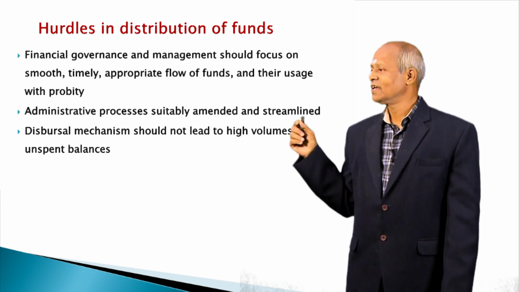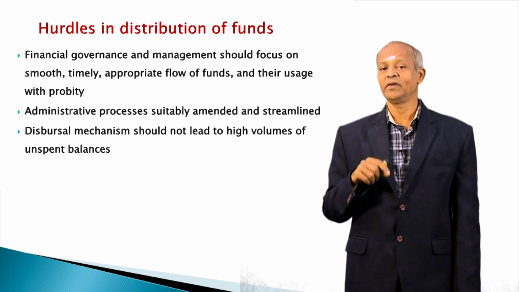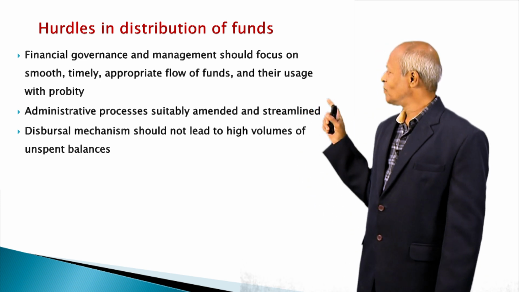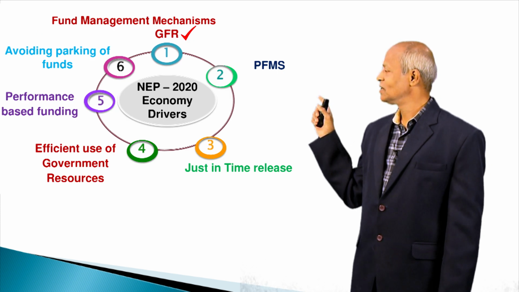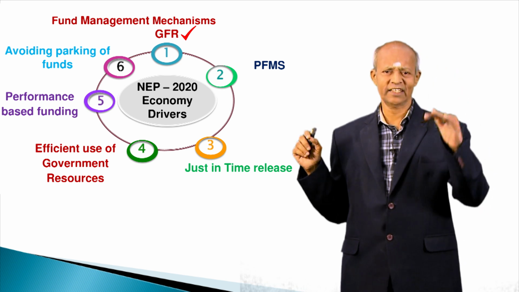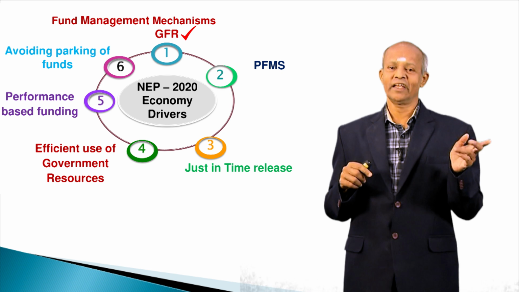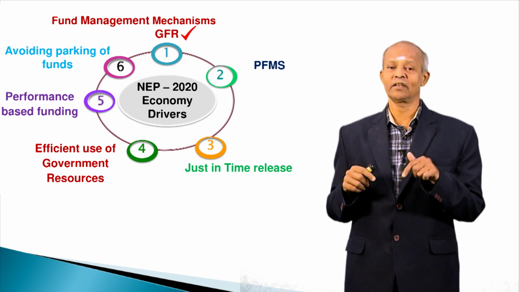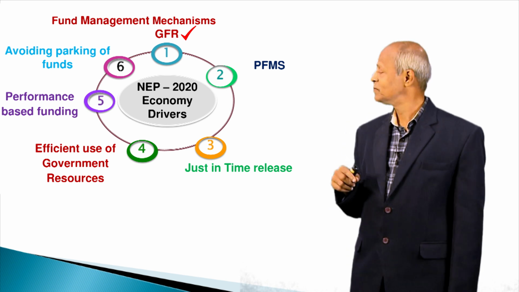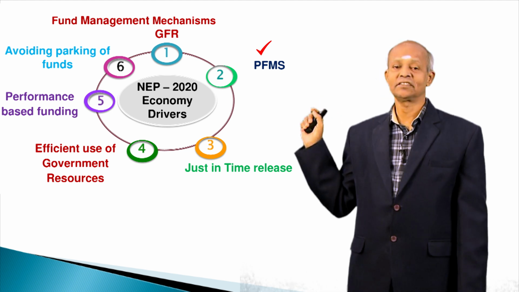And these are the funding mechanisms suggested by NEP. Number 1, GFR, the General Financial Rules. The government has devised this mechanism, and NEP is saying we have to impose this finance rule for the funding of education also. And PFMS, the Public Financial Management System.